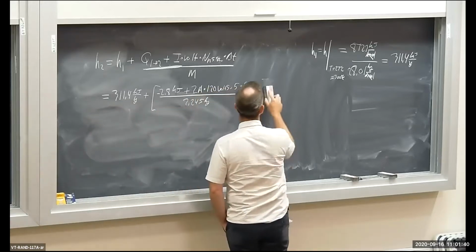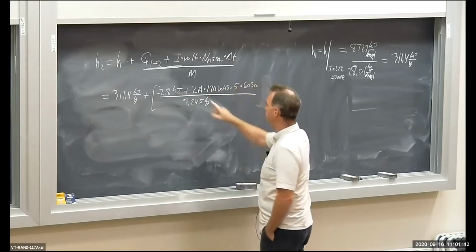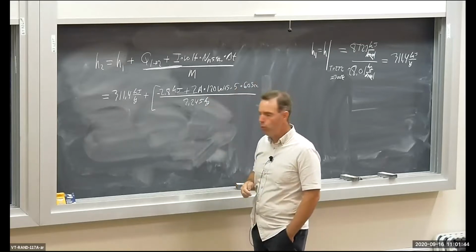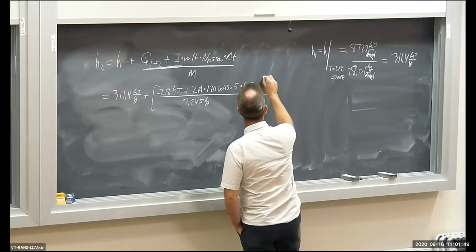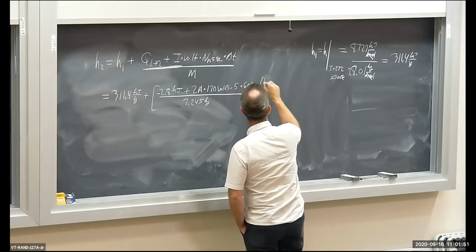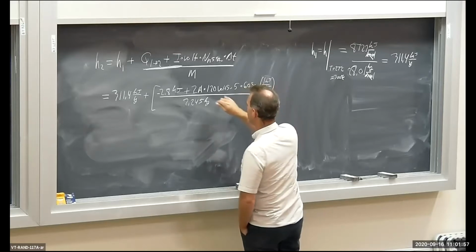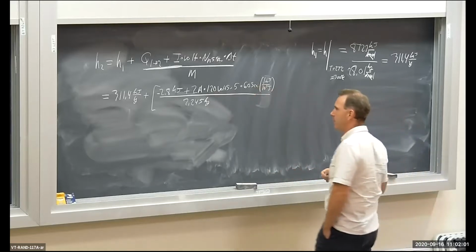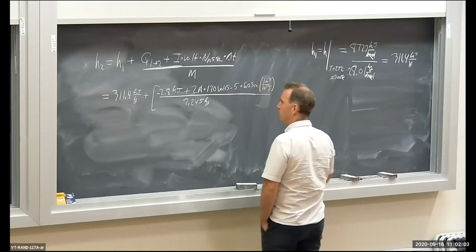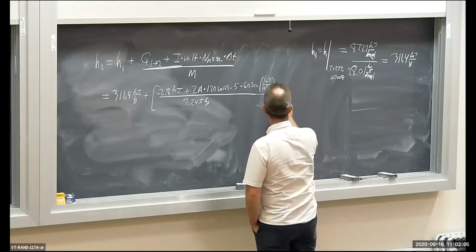This term is going to have units of volt times an amp, which gives you a joule per second. So to convert it into kilojoules, 1 kilojoule per 1,000 joules. I've got to get the electric power term into kilojoules instead of joules so that everything has the same units. Okay?